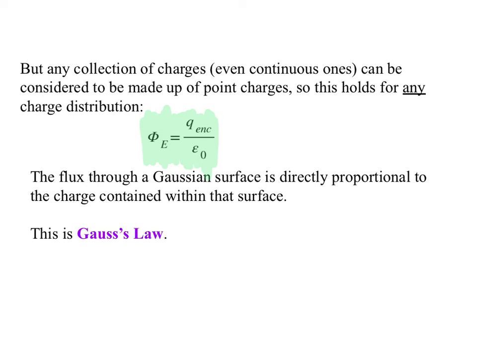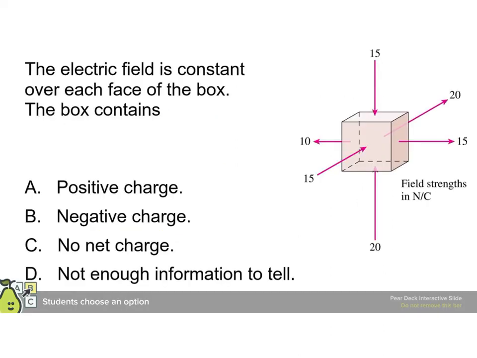This is essentially an integral form, because that integral of E dot dA over a closed surface is proportional to the charge inside that surface. Important here, only the stuff inside the surface, which is going to be kind of interesting.